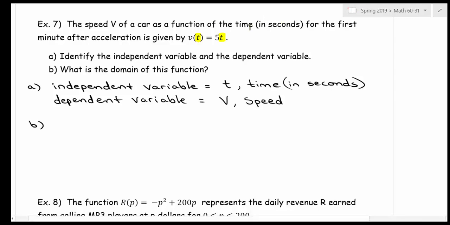Now notice here that it says for the first minute, the speed v of a car as a function of the time in seconds for the first minute after acceleration is given by v of t is equal to 5t. It's only for the first minute after acceleration. So I'm going to write here for the first minute. I'm going to underline it.